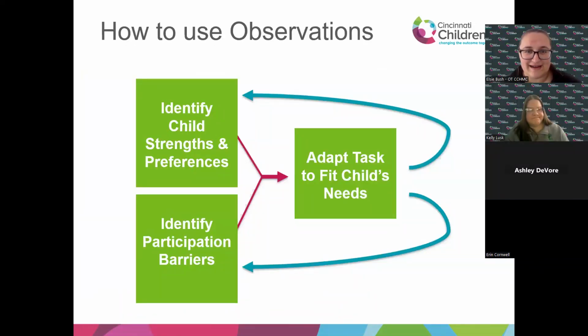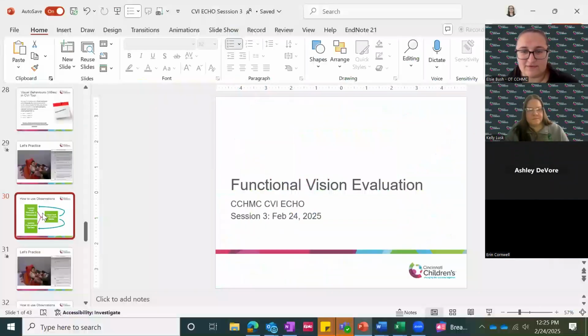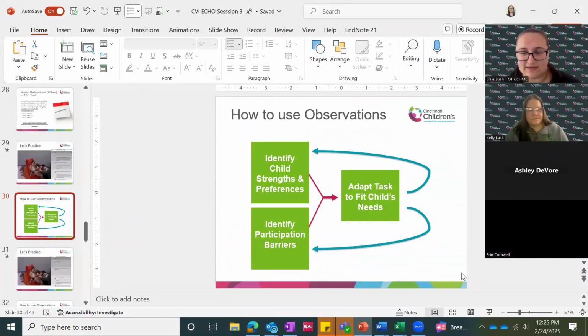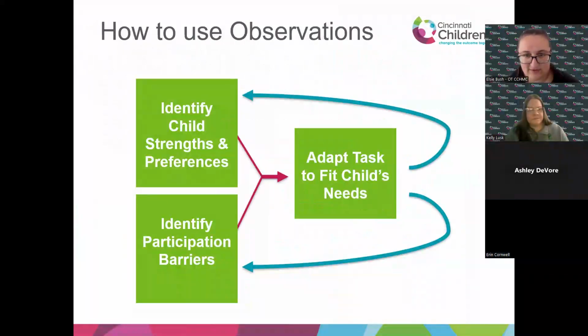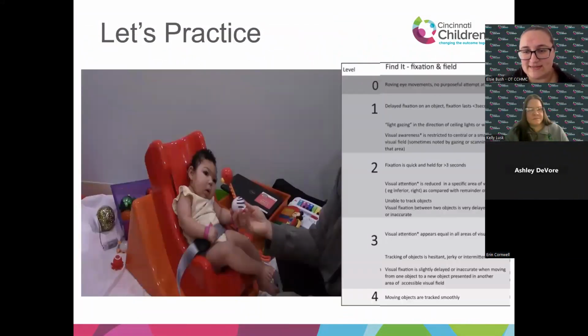So from that, once the lights were off, what did you guys think was her level you would rate her? And sorry, my screen's going crazy on me. Okay, I see some 3s.